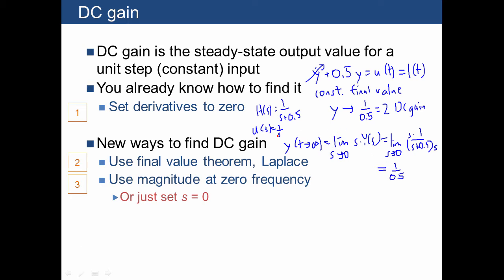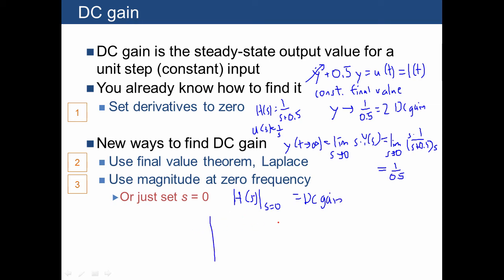Now, if we're just going to apply unit step and multiply that output by s, then you can see immediately that this is equivalent to just setting s equal to 0 in our transfer function. So we just have to do this in order to find the DC gain from the transfer function itself.